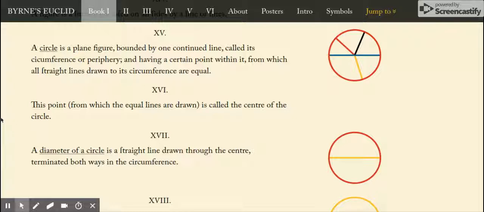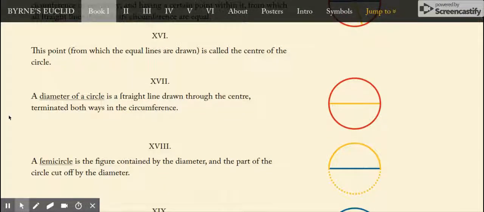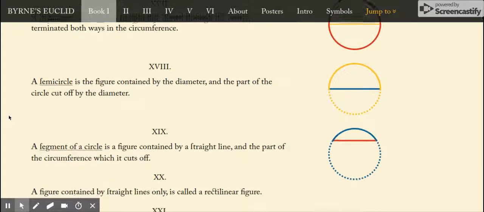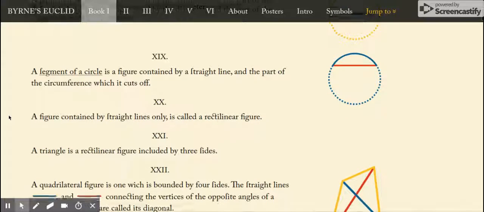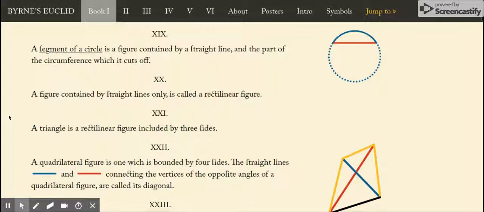The point from which the equal lines are drawn is called the center of the circle. A diameter of a circle is a straight line drawn through the center, terminated both ways in the circumference. A semicircle is the figure contained by the diameter and the part of the circle cut off by the diameter. A segment of a circle is a figure contained by a straight line and the part of the circumference which it cuts off.